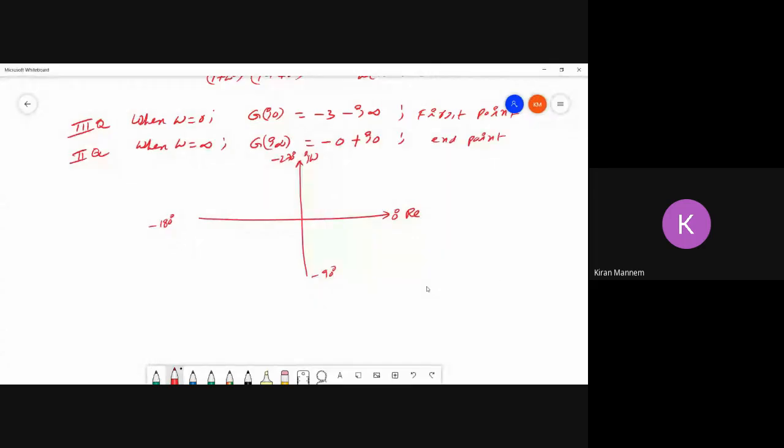Let us find out the crossover point, the frequency at which the plot crosses the real axis.